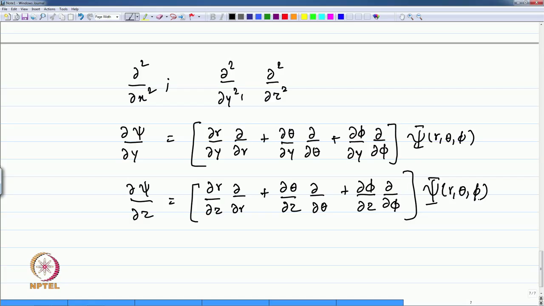These are the derivative equivalents, and you calculate likewise the ∂² terms, the ∂²/∂y² and the ∂²/∂z² terms.